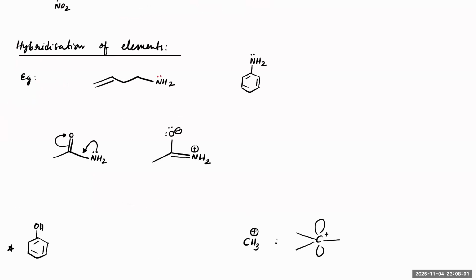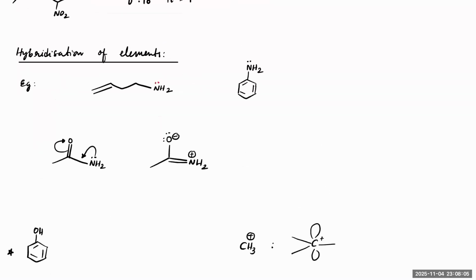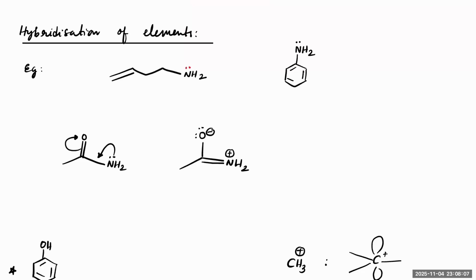Got it? Now, given any of these structures, immediately try to figure out the hybridization on all the positions. See here, it is sp2. Here also it is sp2. This is sp3. sp3. Got it? And here it is sp3 as well, because of one lone pair and 3 sigma bonds. Got it?